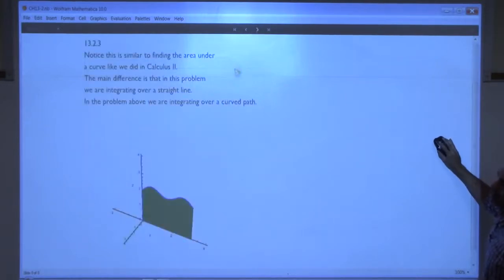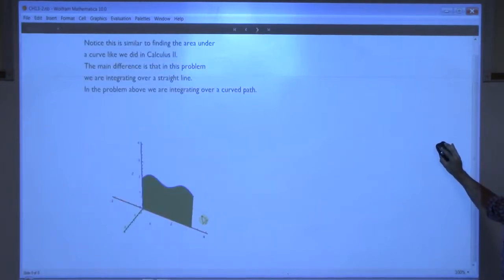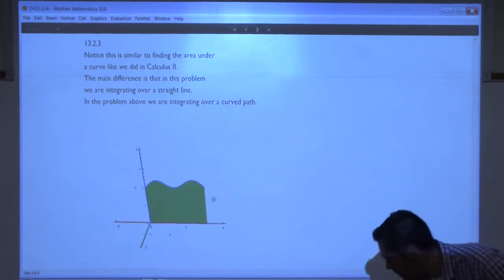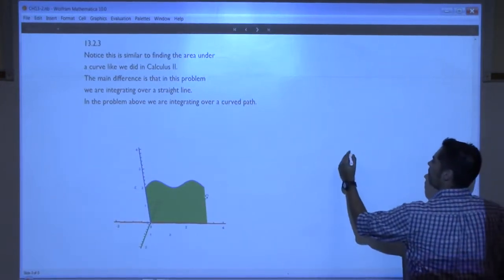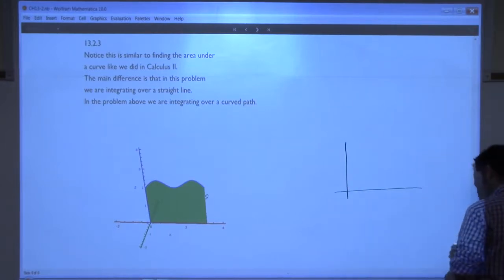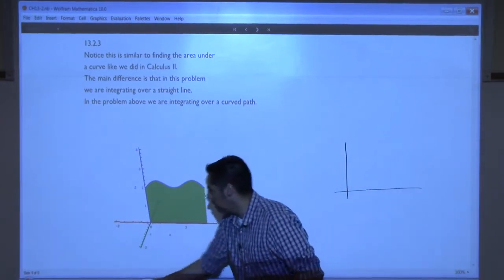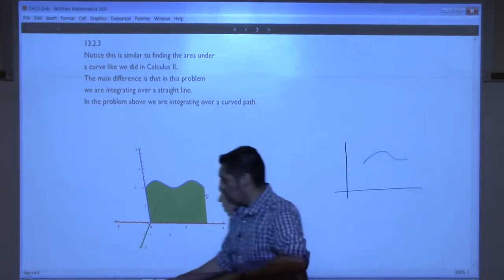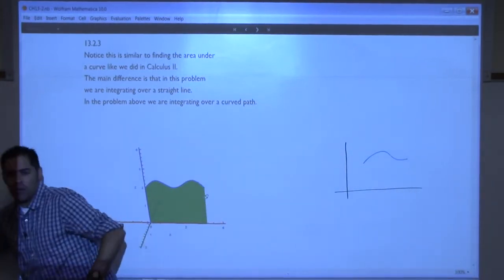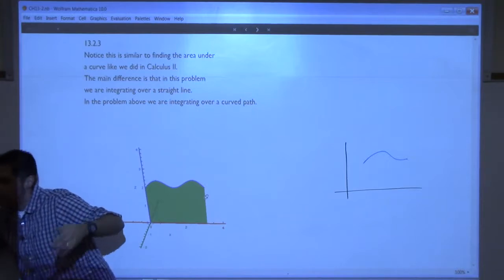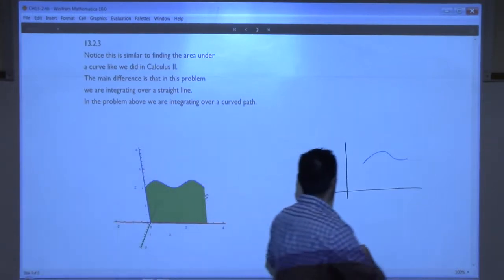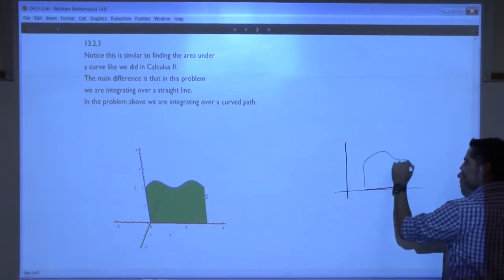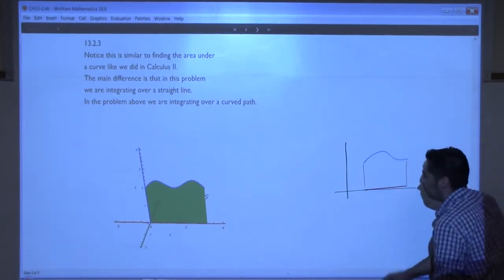So let's go back to Cal 2. In Cal 2, we were looking at a flat sheet of paper, weren't we? And we were taking a curve, and we were dropping a curtain down, weren't we? We were dropping that curtain down onto the x-axis, right? And we were trying to find this area.